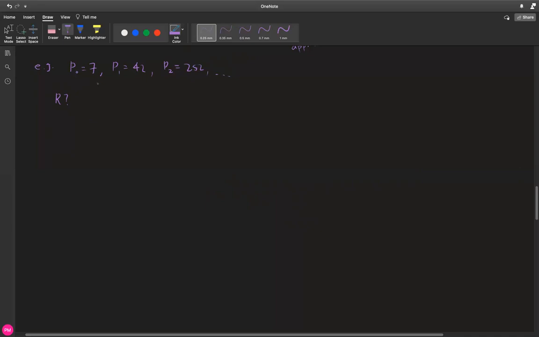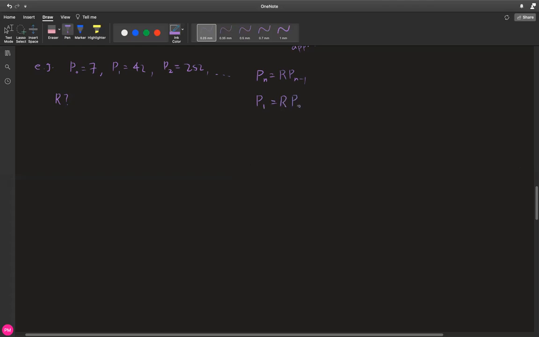We can actually find that if this were an exponential growth model, we know that the recursive formula would go something like this. So if this is P sub 1, this will be P sub 0.